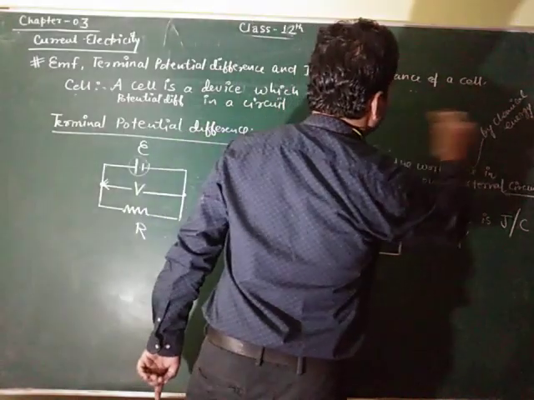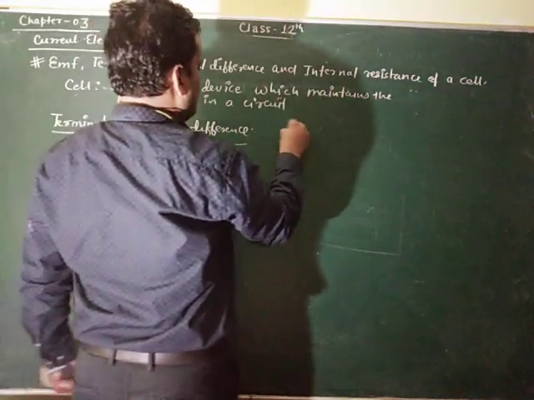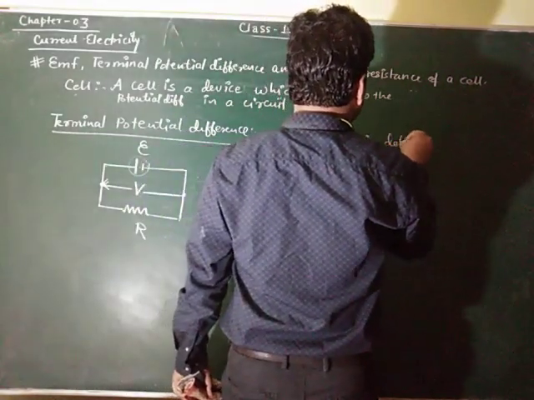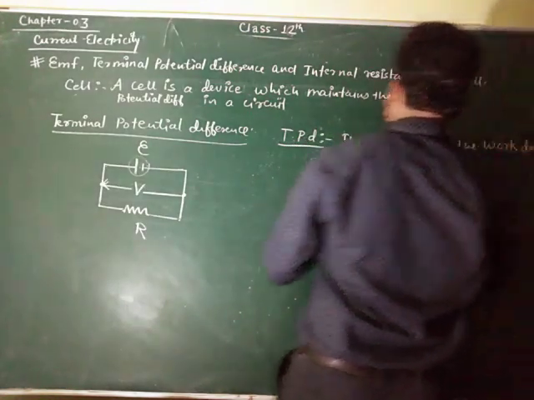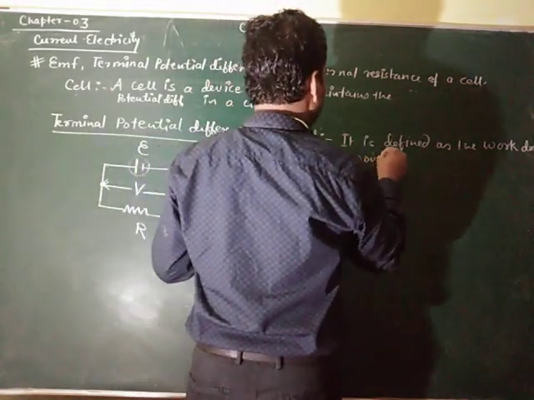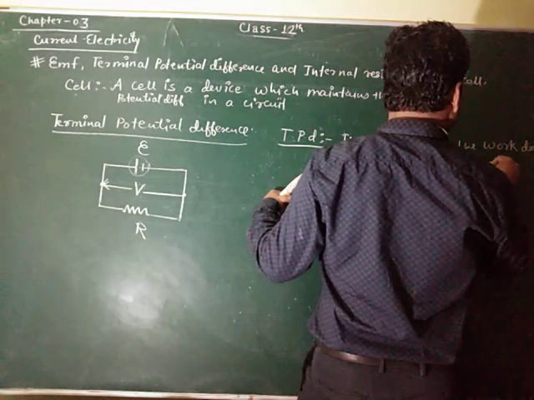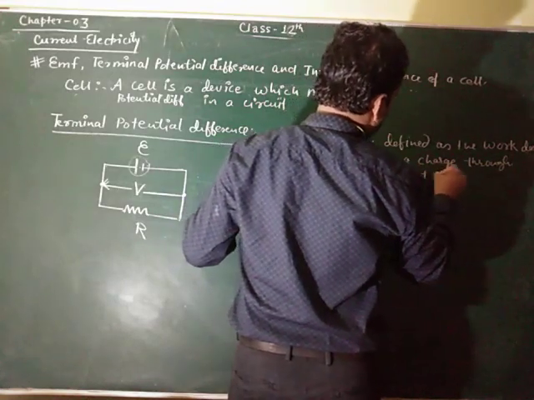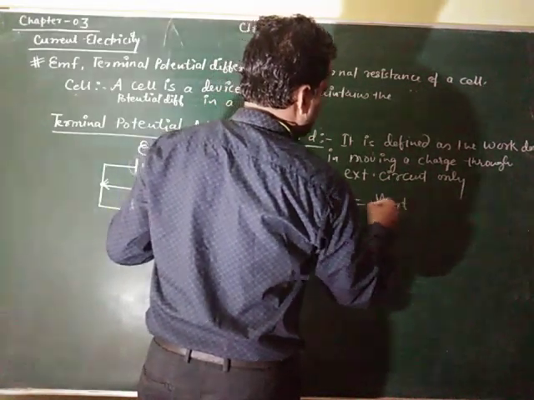The terminal potential difference is defined as the work done in sending or moving a charge through the external circuit only, that V is equal to W external divided by Q.